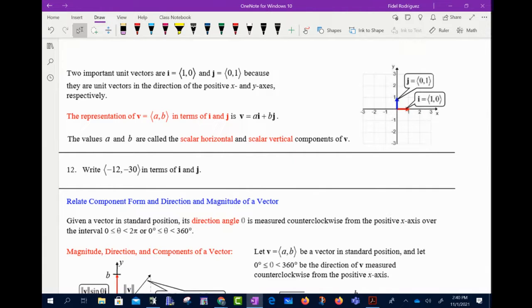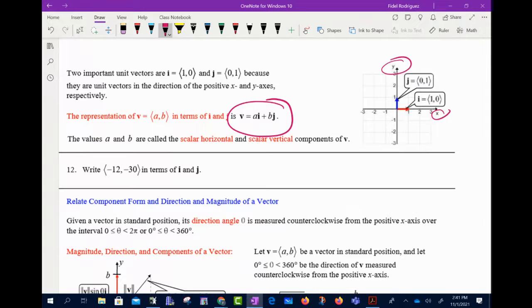So the representation of v in component form a, b, in terms of i and j, this is how we write it. v equals ai plus bj. Okay, so the i, y'all, is going in the x direction, and the j is going in the y direction. And the values a and b are what we call the scalar horizontal and vertical components of v.